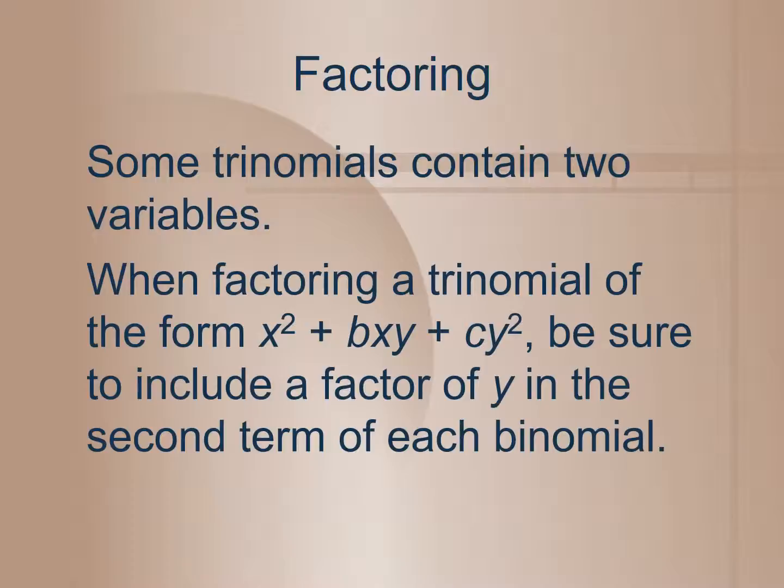Be sure to include a factor of y in that second term of each binomial. So remember how we figure out that second term by finding the product of c that adds up to b? Well, make sure that when you find those numbers that you don't just write those numbers, but you also write the factor y for the second term of those binomials.